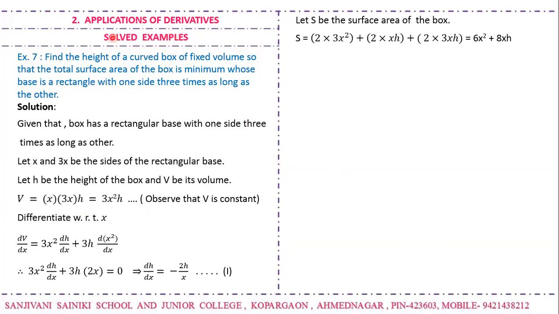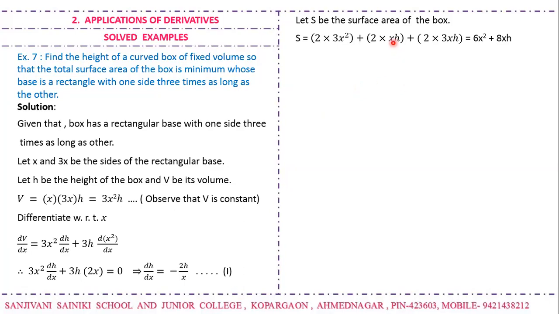Again I will explain you. One surface of the box has length x centimeter and breadth 3x centimeter. So there are two surfaces like that. So the area is 2 into 3x square. Now another side of that particular box has x centimeter length and h centimeter height.